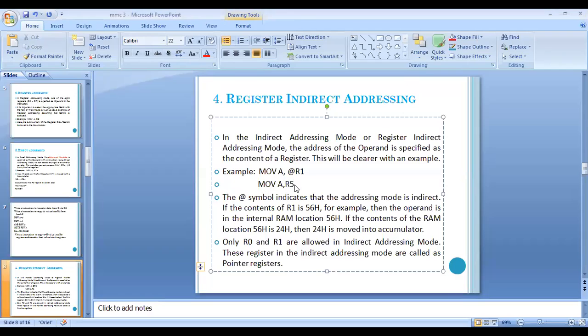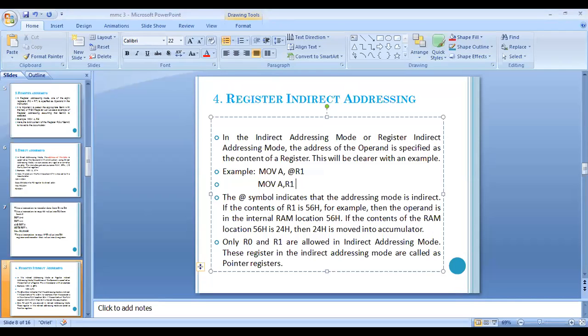Okay, so see here, if I make it R1, what does it mean? What does MOV A, R1 mean? Whatever value of R1 is there, it is going to transfer into the A register.